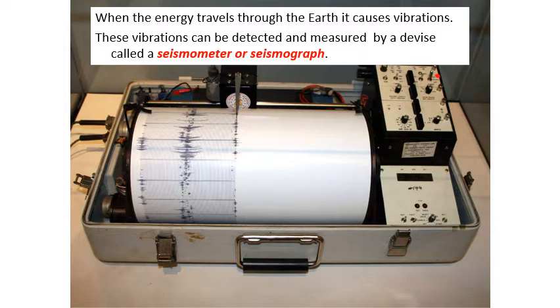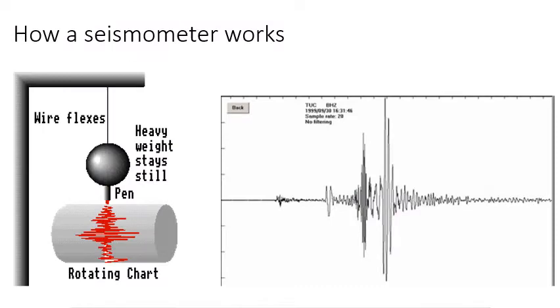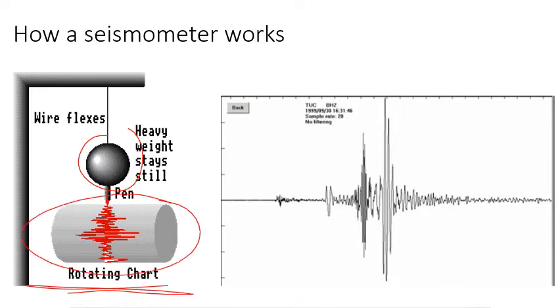So a seismometer will measure when the ground shakes. Here's how it works. In its simplest sense, you have a very heavy weight with a pen on it, and it is suspended. So it doesn't bend too much, but the roll of paper will shake back and forth as the earth shakes.